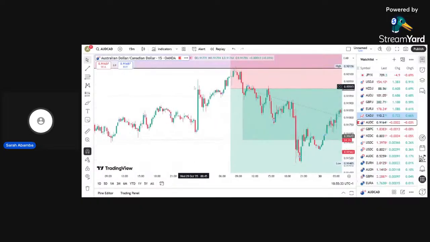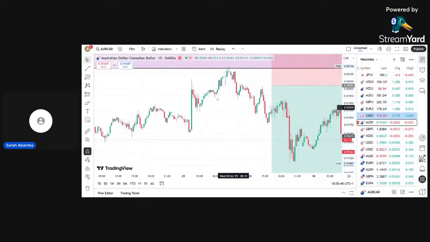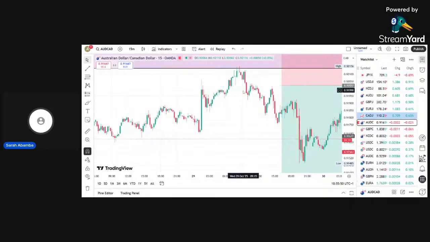So I just don't use smaller time frames. This is the 15 minutes time frame now. The same trade we took, on this 15 minutes time frame, you look at the bearish doji, the market came down. The only thing is that with lower time frames, you have quicker entries and smaller stop loss.